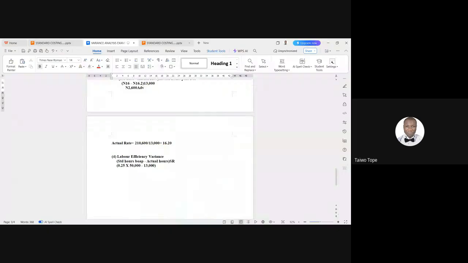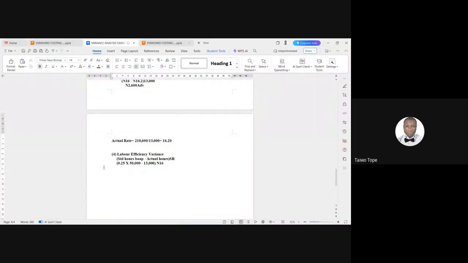So you multiply. What will be the result here? 0.25 multiplied by 50,000, you are going to have 12,500. 12,500 minus 13,000, multiplied by 16.